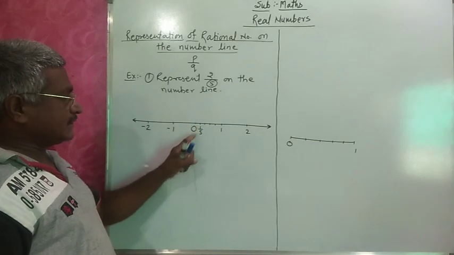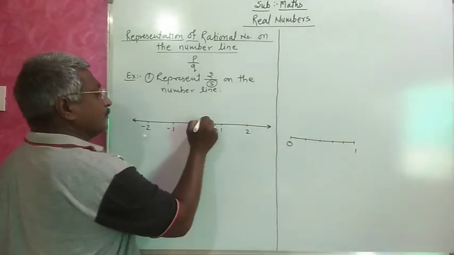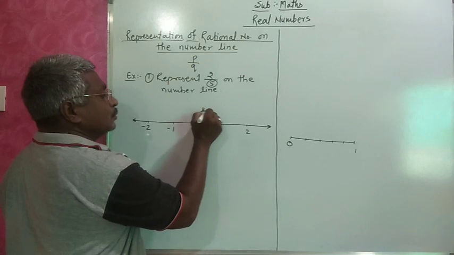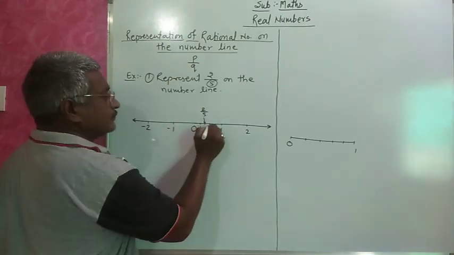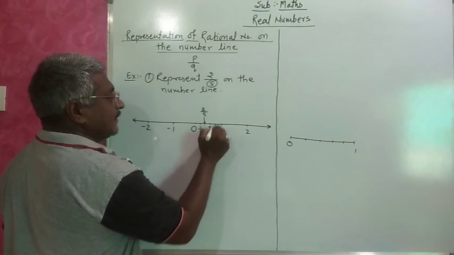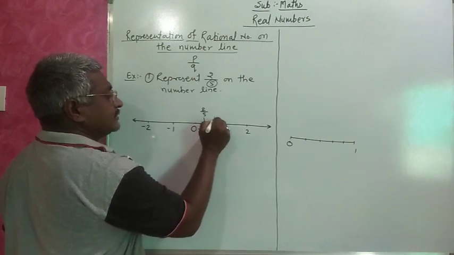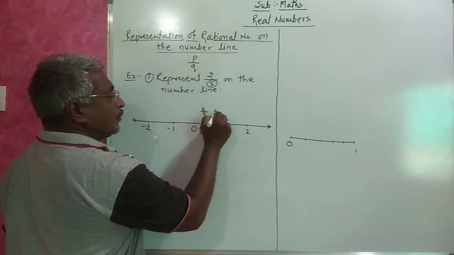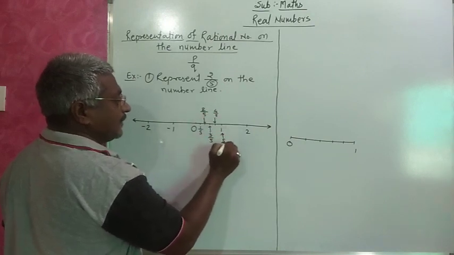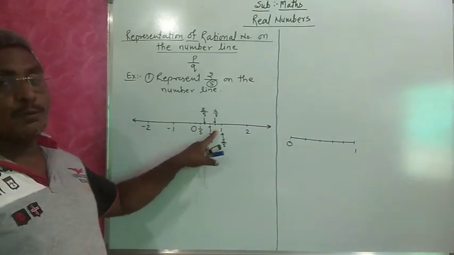What is the value of each line? 1 by 5. This one is 2 by 5. This is 3 by 5. This one 4 by 5. And this is 5 by 5. 5 by 5 means 1.